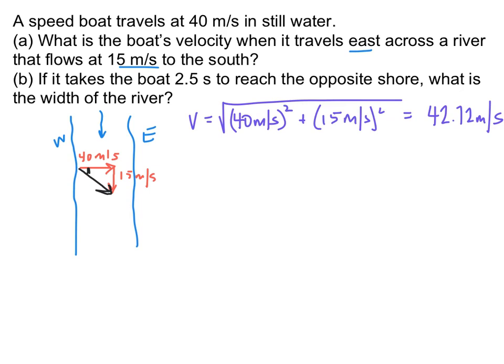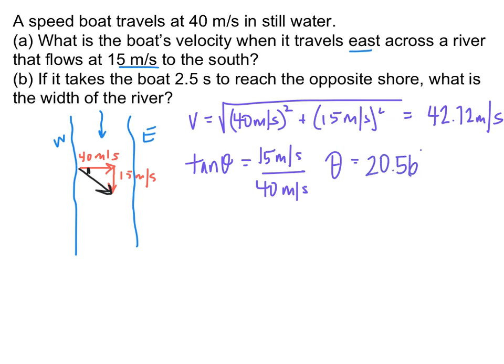The opposite side of the triangle from that angle is 15, and the adjacent is 40, so we'll use the tangent. Tangent of theta is equal to opposite over adjacent. We plug in 15 over 40, do the inverse tangent of that, and find that our angle is about 20.56.